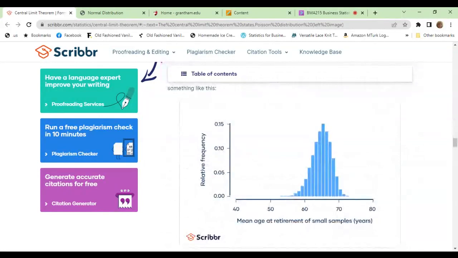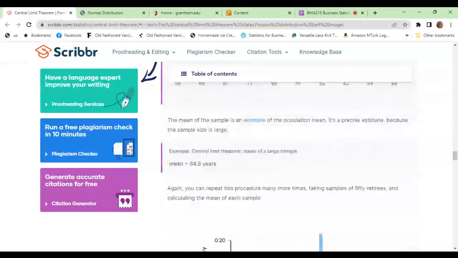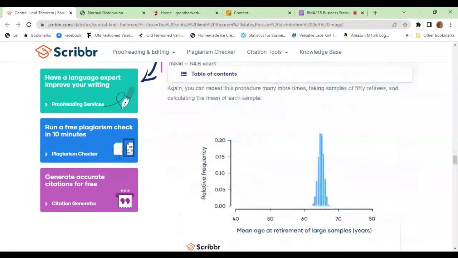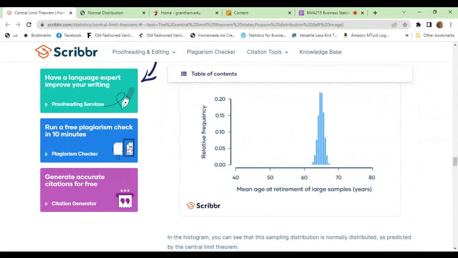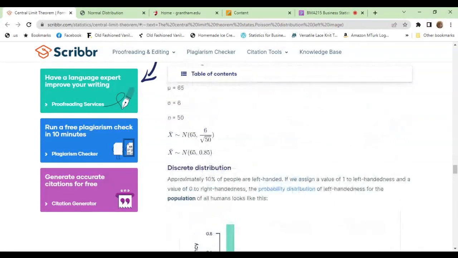So they're graphing the means of all the samples. And then if they take a lot, they took a sample of 50. So the sample size is getting larger and the number of samples are getting larger, and it's forming more of a bell-shaped curve. So they're graphing the means.